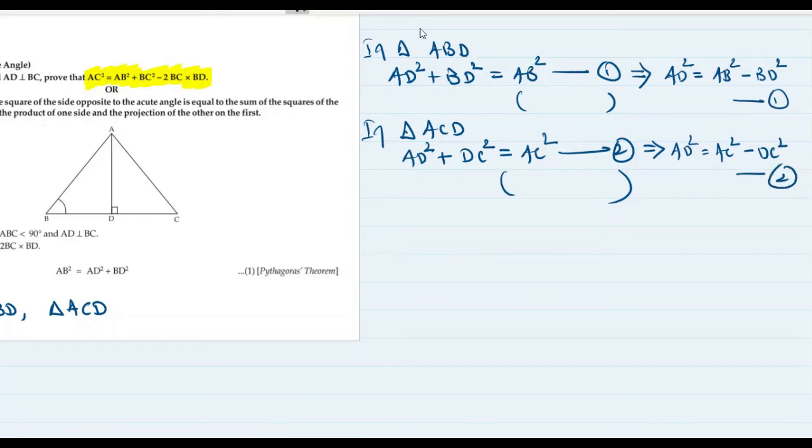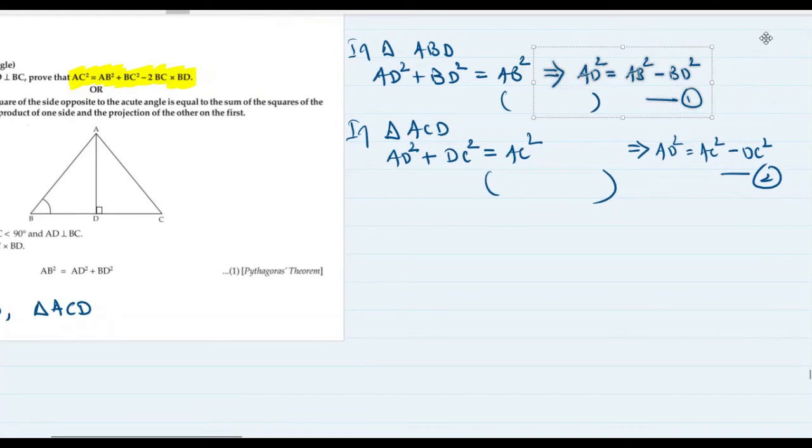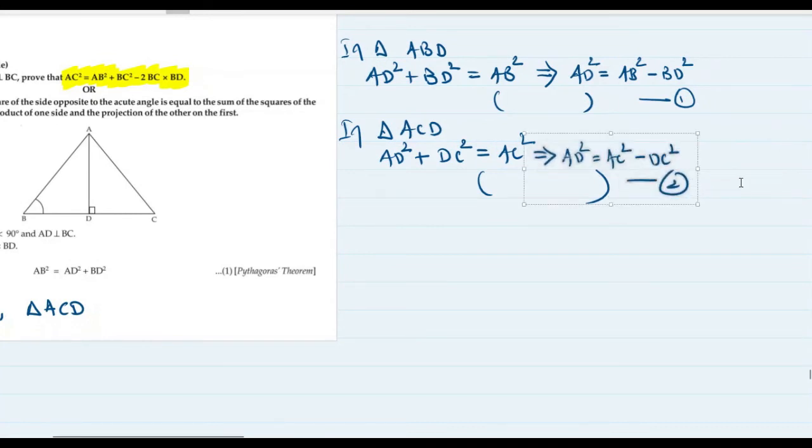I would like to bring these a little closer. So AD square is AB square minus BD square, and AD square is AC square minus DC square. Correct? So we have got the value of AD square from both the equations.